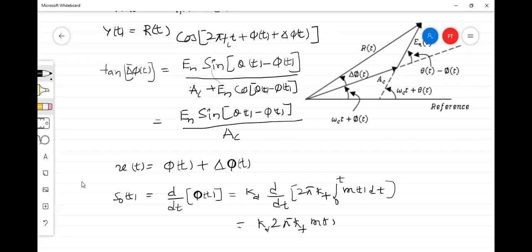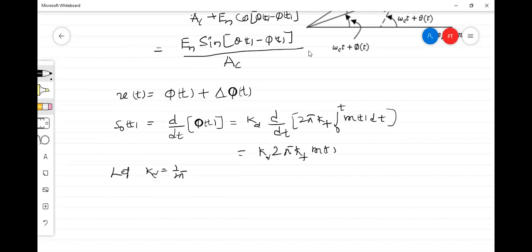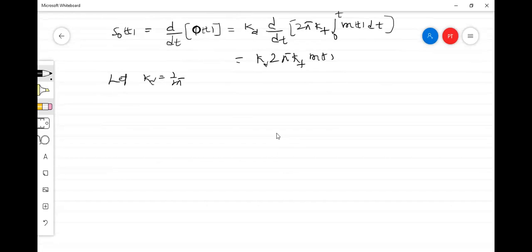Assume kd equal to 1 by 2 pi. Then S naught of t is simply equal to, 2 pi will get cancelled, giving us only kf into m of t.